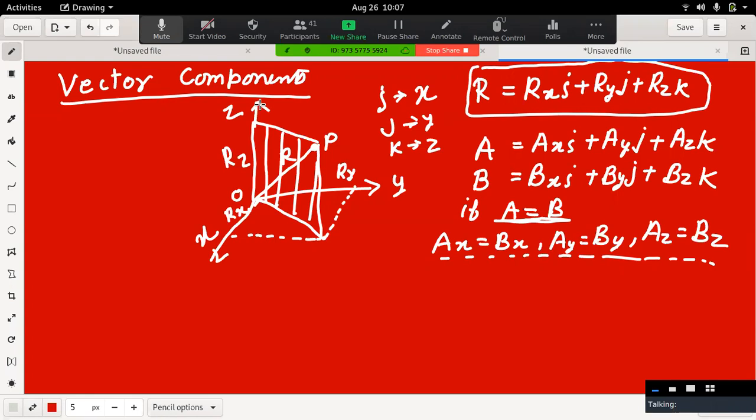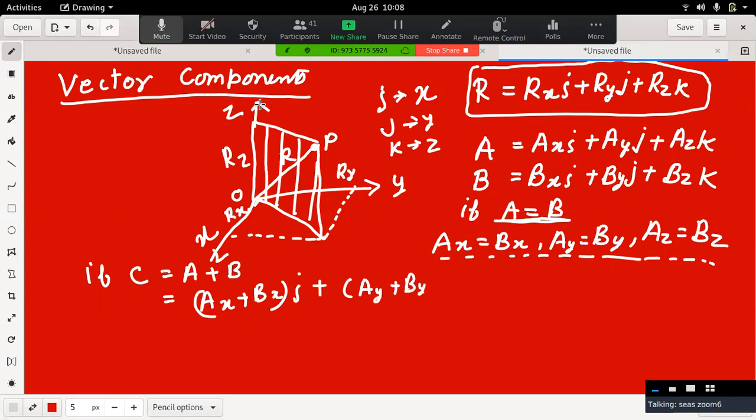Similarly, if C is equal to A plus B, then it simply means that C is equal to (ax plus bx) i plus (ay plus by) j plus (az plus bz) k.